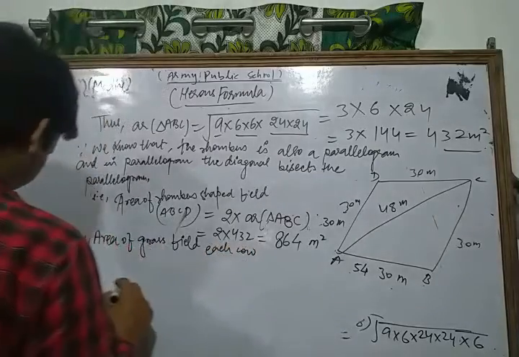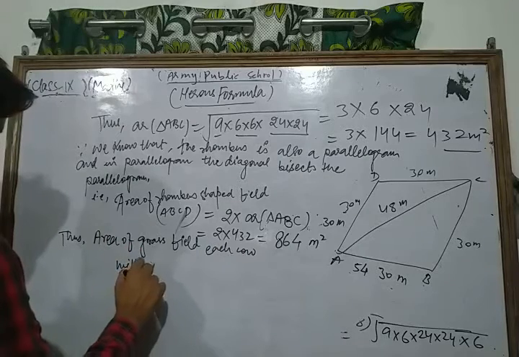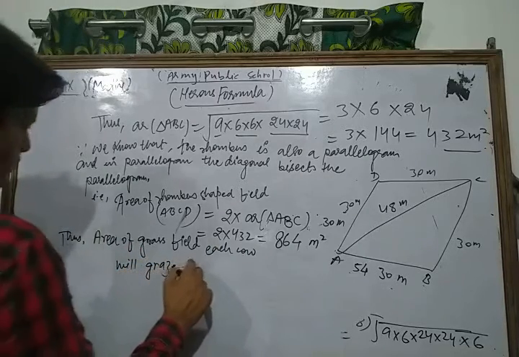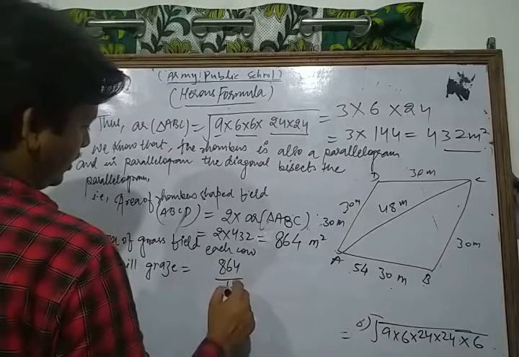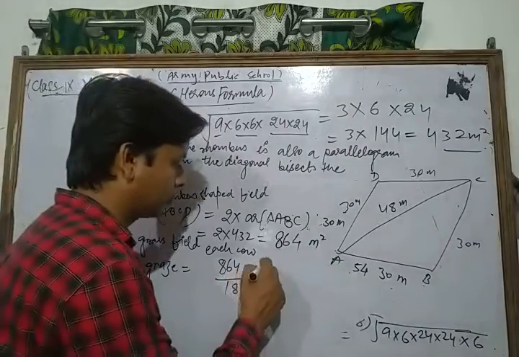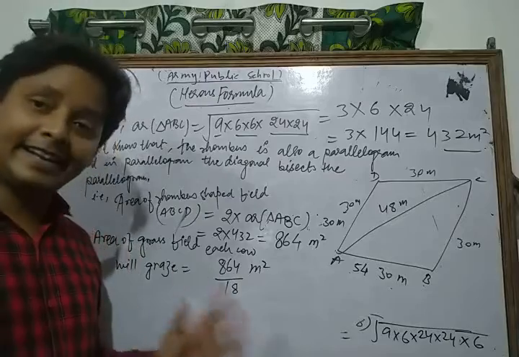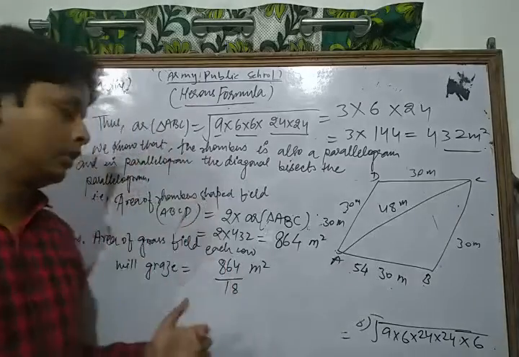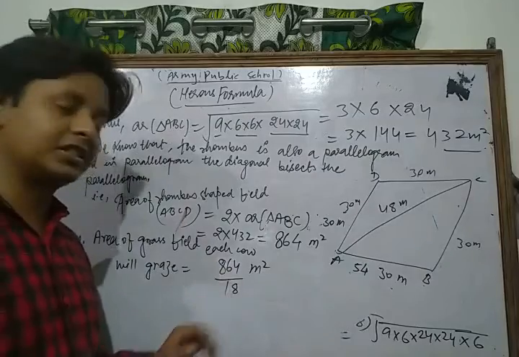Thus the area of grass field each cow will graze is equal to 864 divided by 18, because the total number of cows is 18. So the area grazed by each cow will be 864 upon 18.